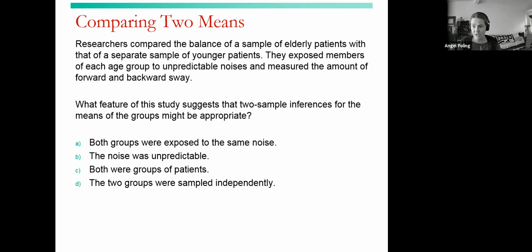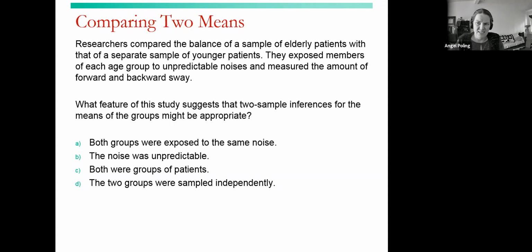What feature of this study suggests that two sample inference for the means of the groups might be appropriate? So we've got choices like both groups were exposed to the same noise, the noise was unpredictable, both groups were of patients, or the good one, the two groups were sampled independently, right?